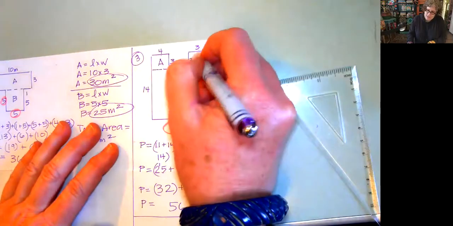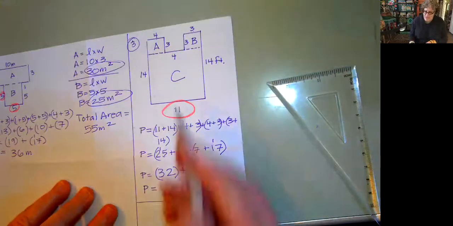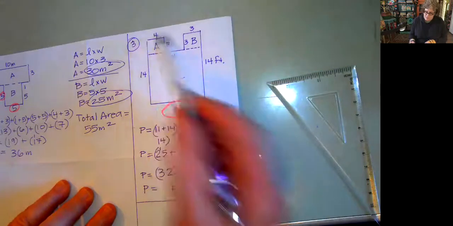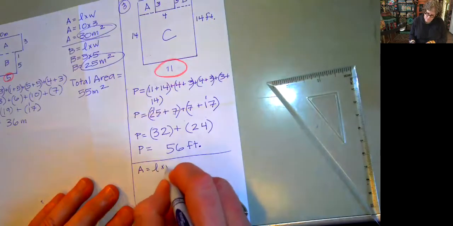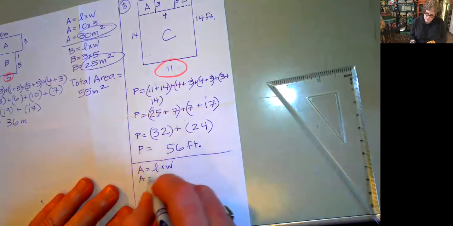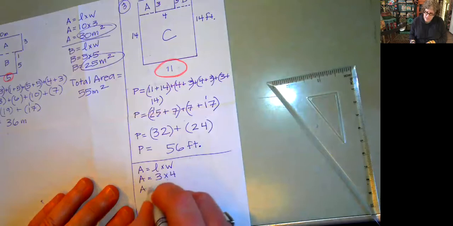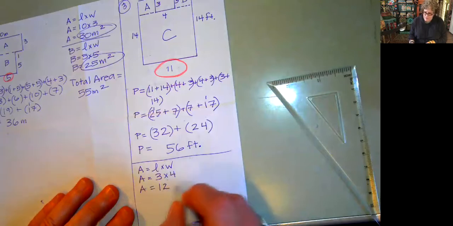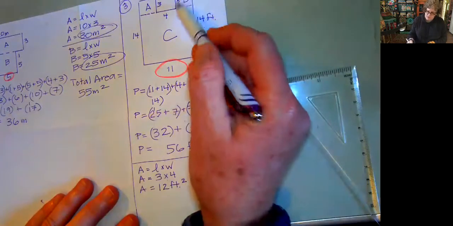I'm going to call this A. I'm going to call this B. And I'm going to call this Big Mama C. So if I'm finding A, it's 3 times 4. Oops, or 4 times 3. So A is going to equal 12. If I'm finding B, B is 3 times 3.